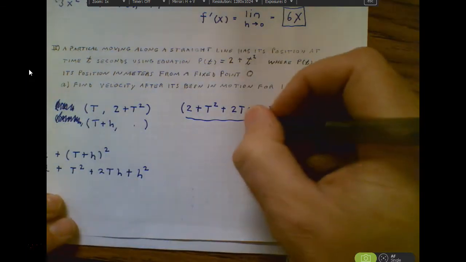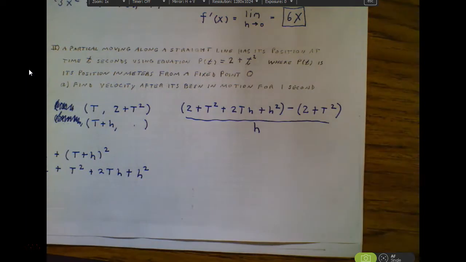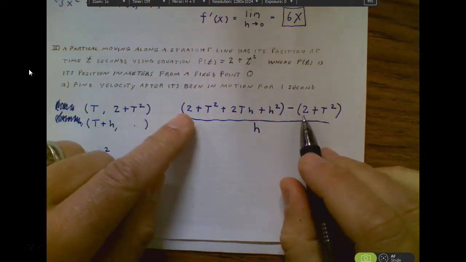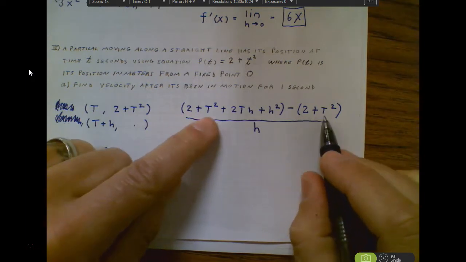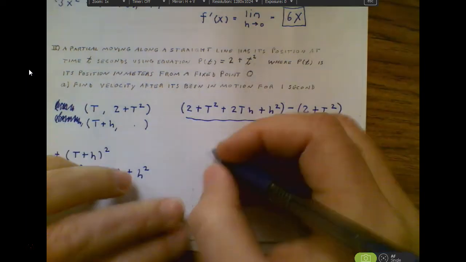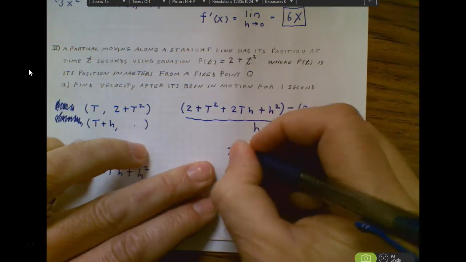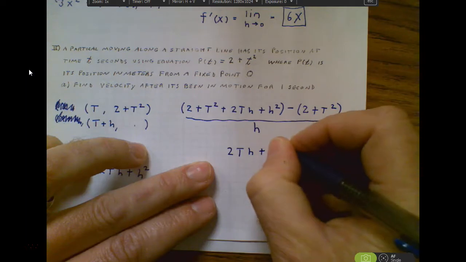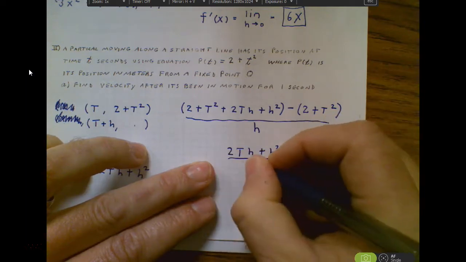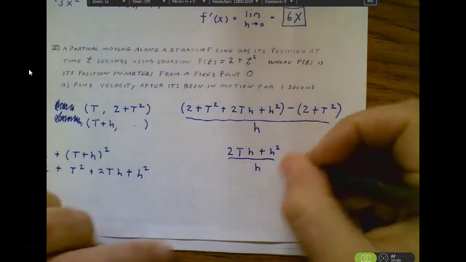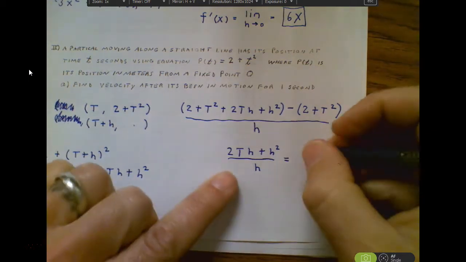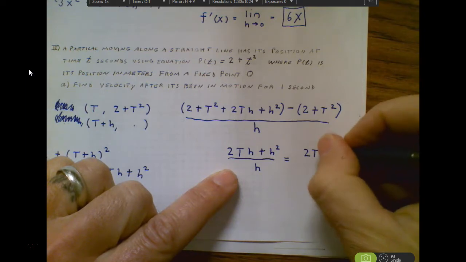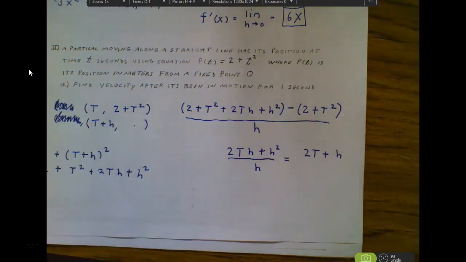I'm just going to be left with the h, so I can skip to that part. Up top, you're going to see things cancel as they should. My 2's cancel, my t squareds cancel, and all I am left with is the 2th plus h squared, all over h. Then divide out the h's, and you can see that I just get 2t plus h as my final expression.